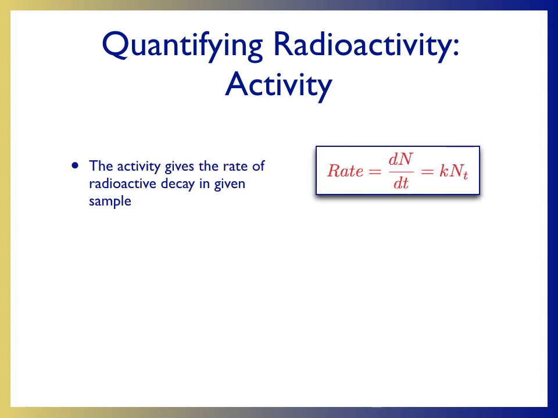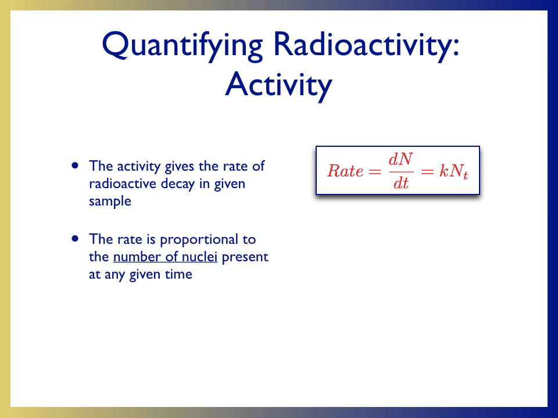Therefore, the rate of radioactive decay, which is equal to the change in the number of radioactive nuclei present over the change in time, is equal to a rate constant, k, times the number of nuclei present at time t. Therefore, we see that the activity, or rate, is directly proportional to the number of nuclei present at any given time in a sample.